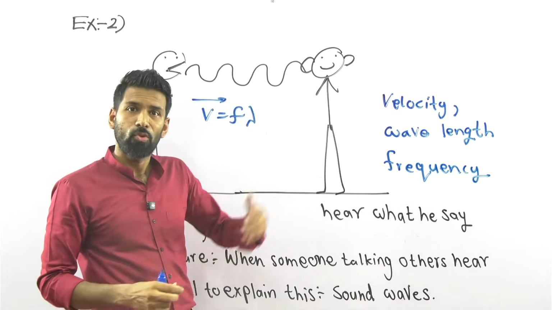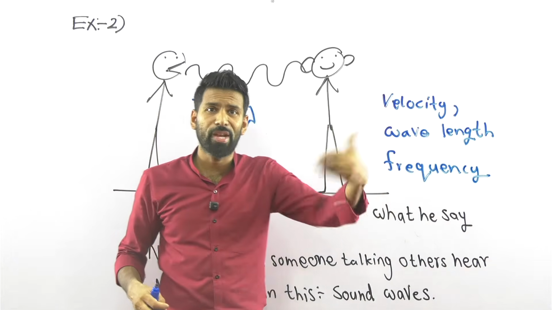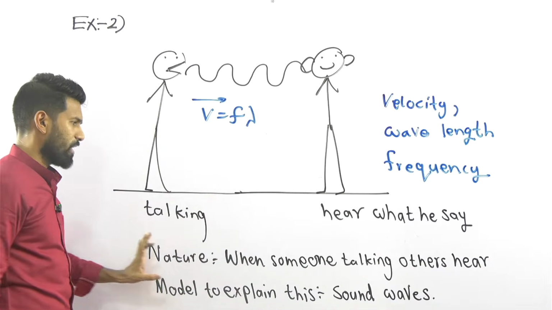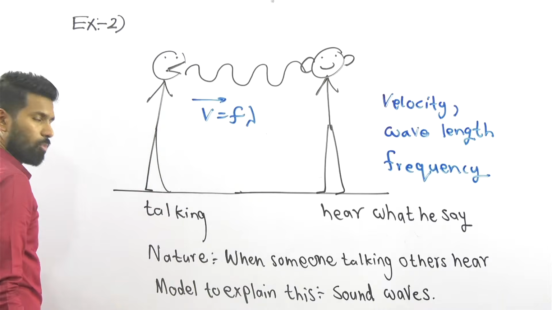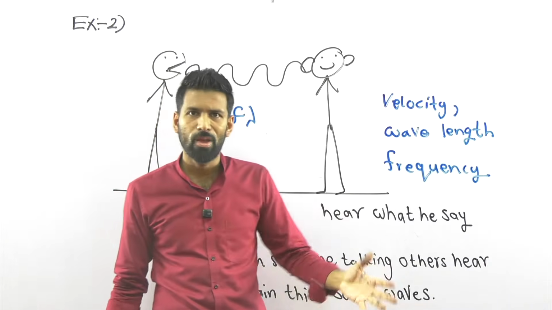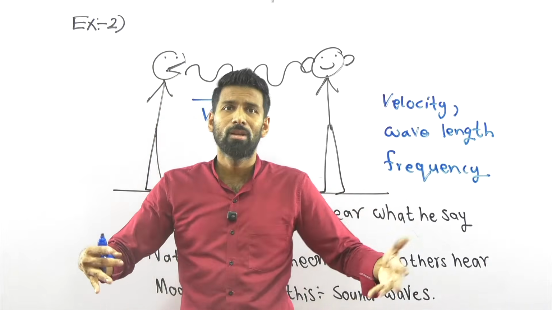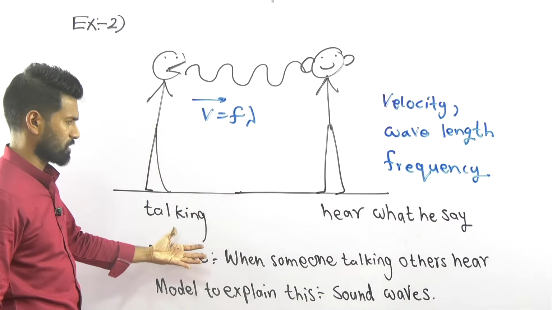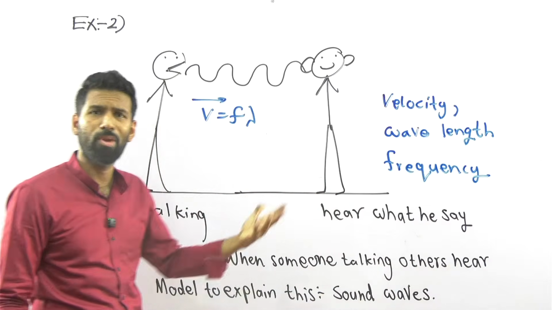Now you meet many more words when explaining these phenomena. Nature is when someone talks, other people hear. The model to explain this is sound waves. When we are in the man-made model of sound waves, we have equations: v equals f lambda, and many more.